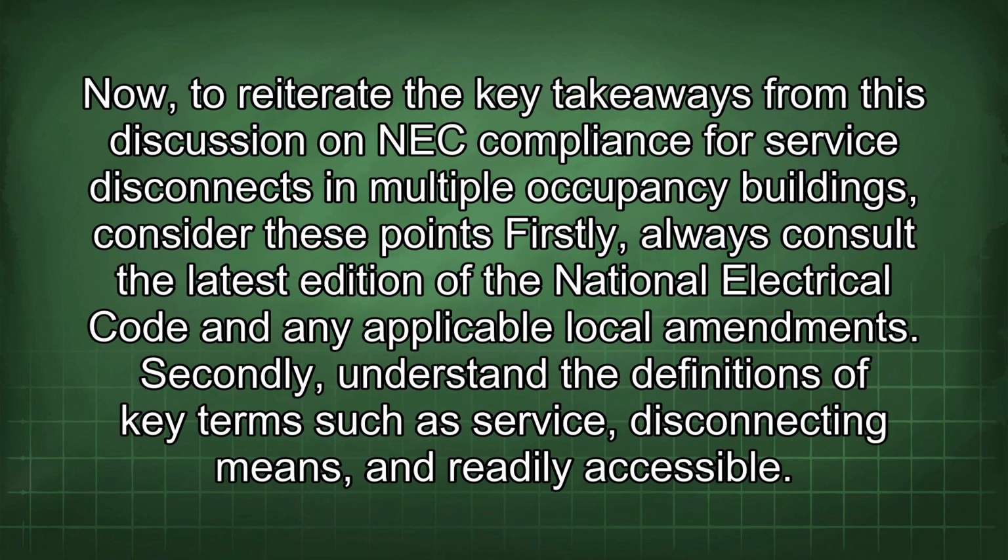Now, to reiterate the key takeaways from this discussion on NEC compliance for service disconnects in multiple occupancy buildings, consider these points. Firstly, always consult the latest edition of the National Electrical Code and any applicable local amendments. Secondly, understand the definitions of key terms such as service, disconnecting means, and readily accessible.